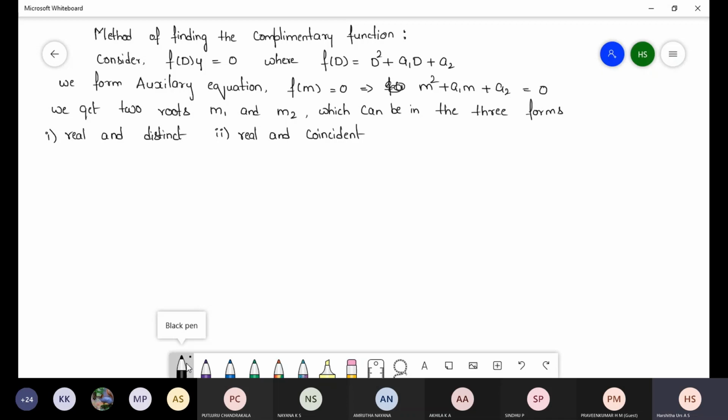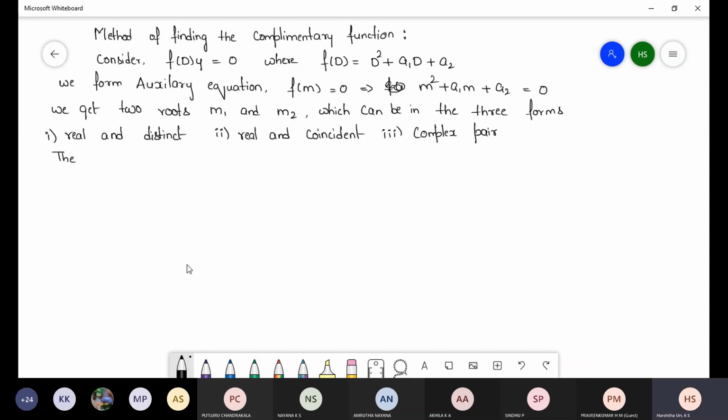For example, m minus 1 whole square gives the root m minus 1 into m minus 1, so m is equal to 1, 1, similar roots. Last one, complex pair, that is in the form of complex values.